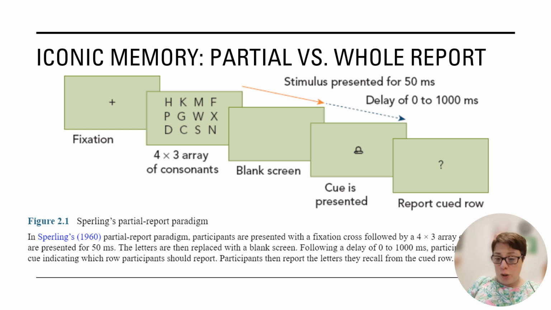So the partial report, because participants received the tone and were able to report any row in the array, that suggests that at least initially they have access to the whole array. It's just that by the time they get to about 3 or 4 letters, the array is gone, right?